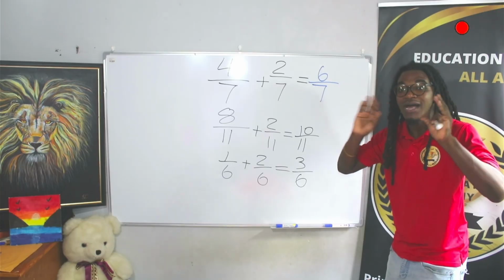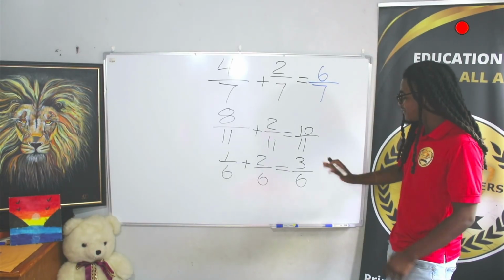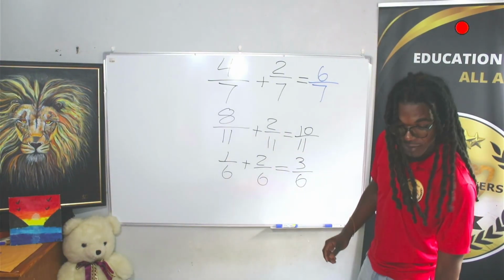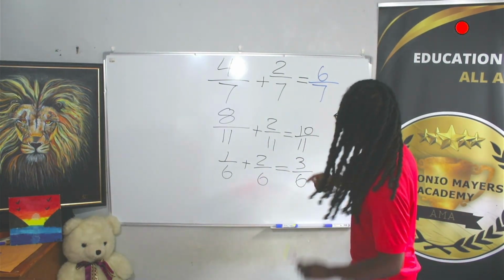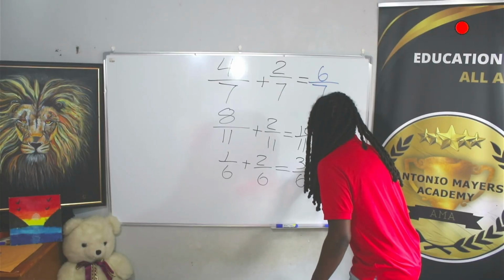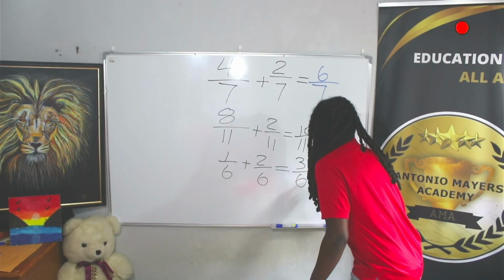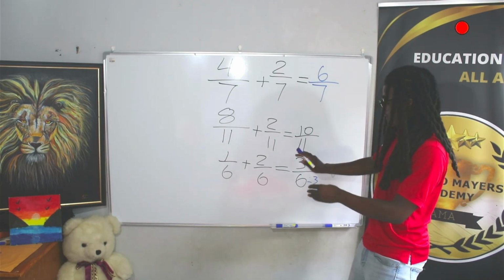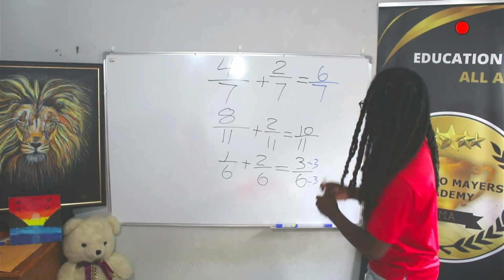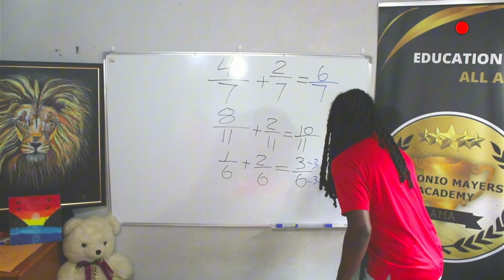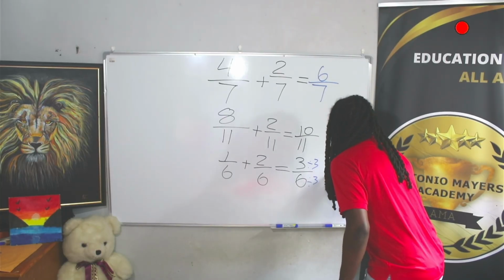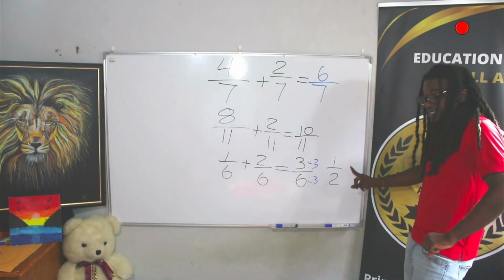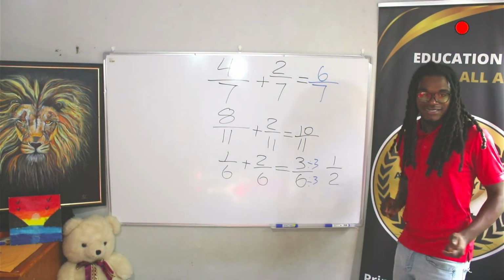They would be so happy if, instead of giving them 3 over 6, you divide both numbers by 3. So you're saying 3 divided by 3 is 1, and 6 divided by 3 is 2. So instead of 3 over 6, you're going to put 1 over 2. And this answer here is what will get you the 2 marks.